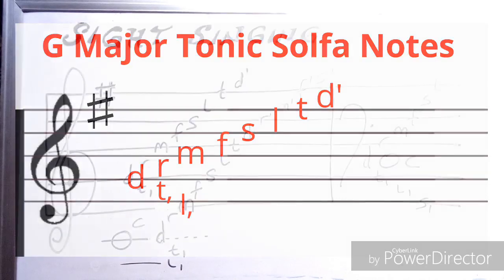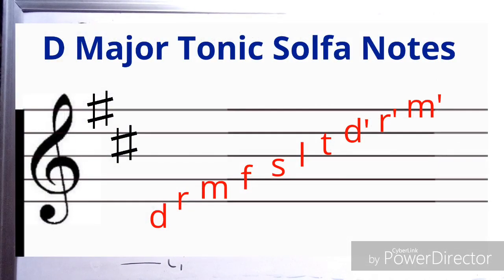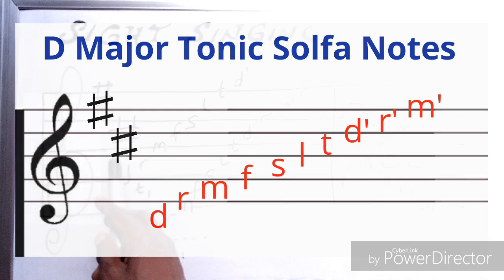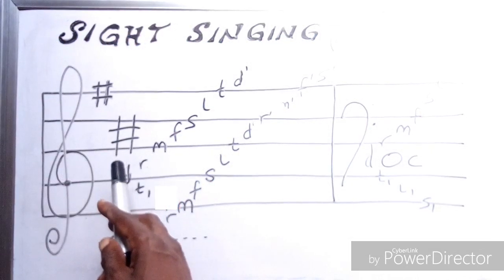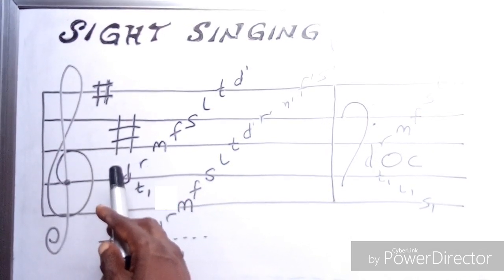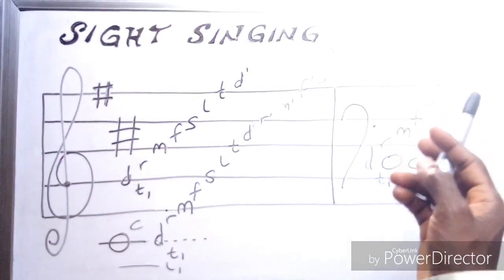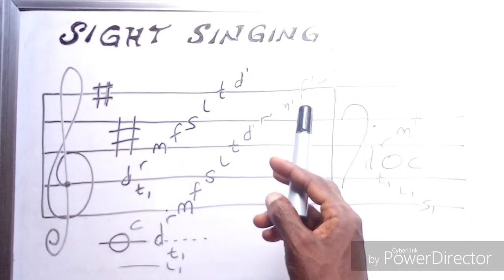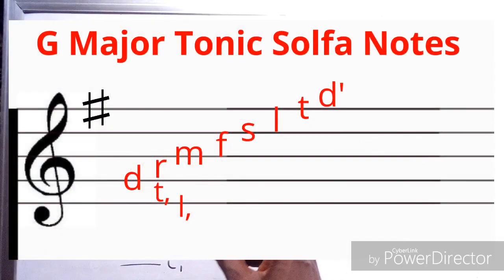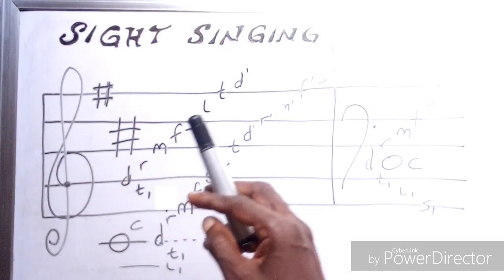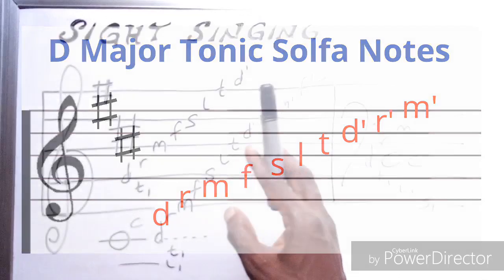Now, if we have two sharps at the beginning, it means it's in the key of D major. Okay, remember your Go Down And Eat Beans, Father Charles. Go down. So go for G, one sharp, and down for D, two sharps.